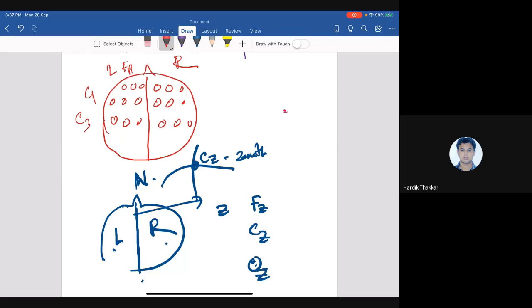C means central, F means frontal, P means parietal, O means occipital. The number denotes the side: an even number denotes a right side electrode, and an odd number denotes a left side electrode. If you find any region denoted by an odd number, take it as the left side. If it is even, then right side.